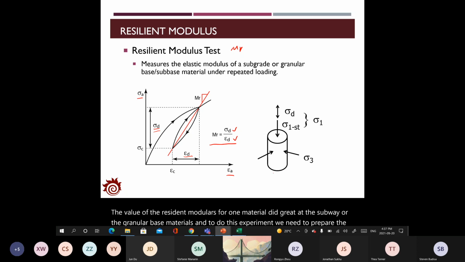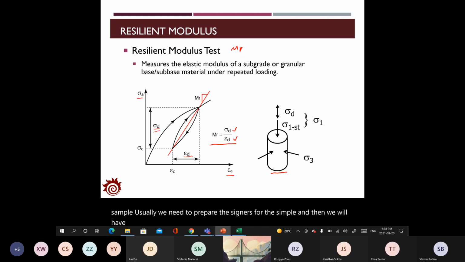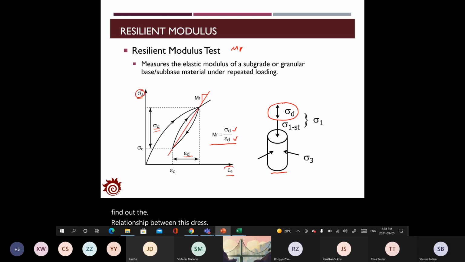Usually, we need to prepare cylinders for the sample, and then we will have some repeated load applied to the sample. And with this kind of load, we will find out the relationship between the normal stress and the strain.